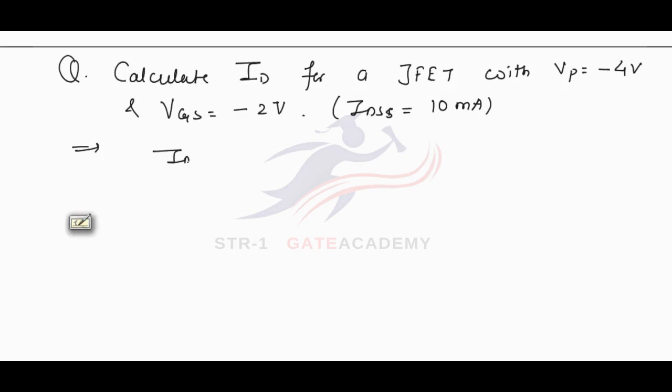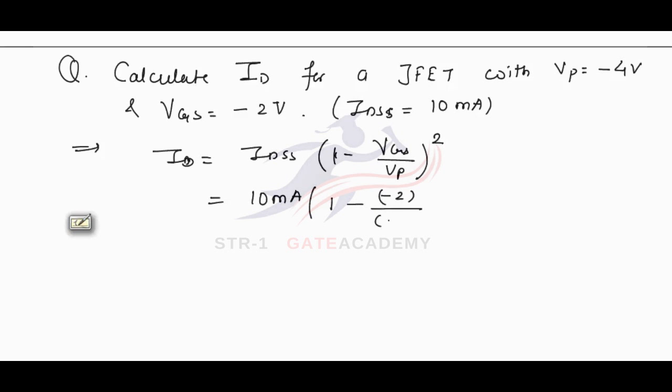Now drain current ID equal to IDSS into (1 minus VGS upon VP) whole square. This equation can be used to calculate ID. IDSS is given as 10 milliamperes and VGS is given as minus 2 volt divided by minus 4 volt, whole square.